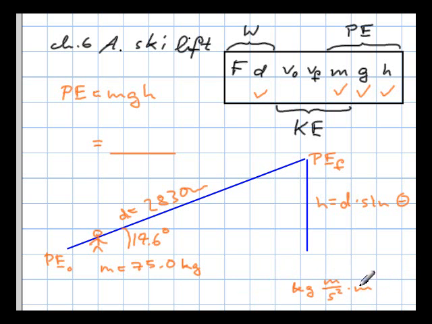So mass times acceleration times height, that's kilograms meters squared per second squared, which is in standard units. So we have an abbreviation for that, and you're going to come up with joules.